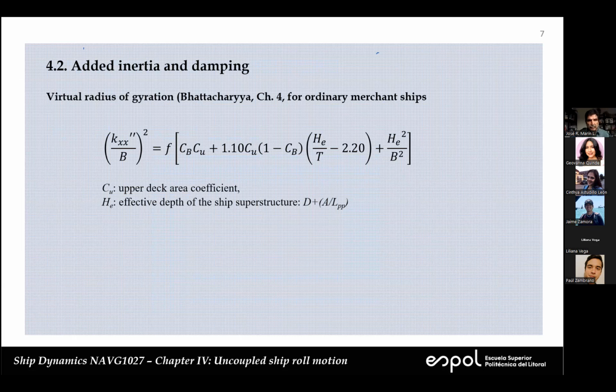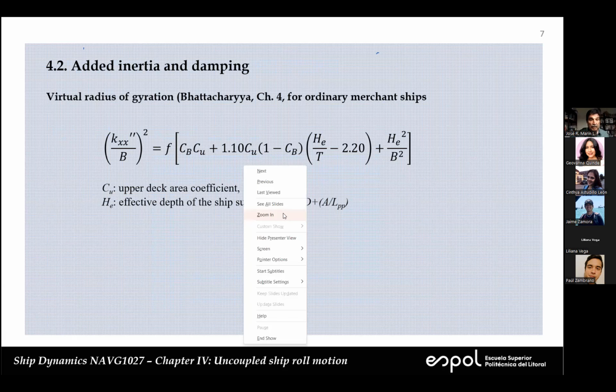In this case, we have the CU, the upper deck area coefficient. It's similar to the waterplane coefficient, but with the area of the upper deck, not the waterplane. Another parameter here is the effective depth.